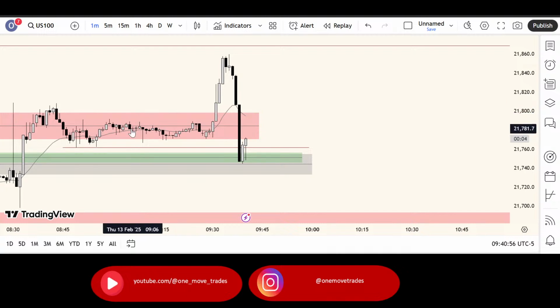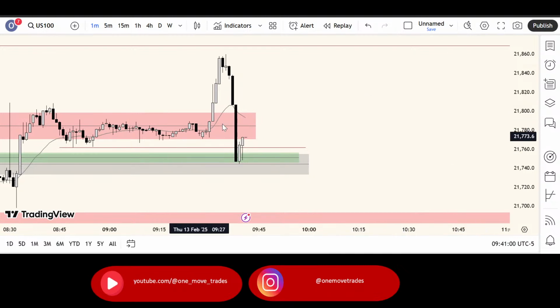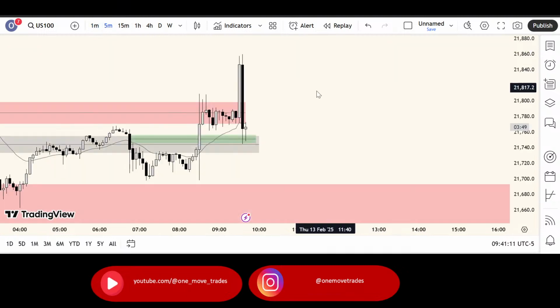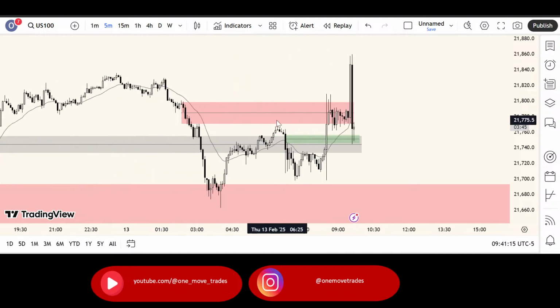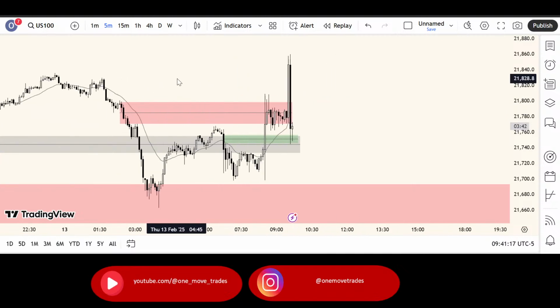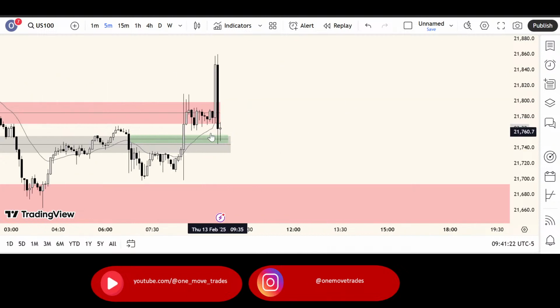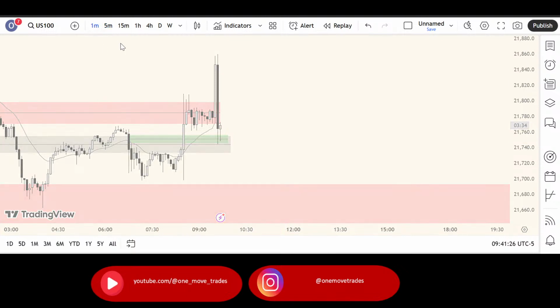This 1 hour reversed fair value gap, price did violate this 50%. We violated this 50%, and we will wait and see if we will hold in this support level.